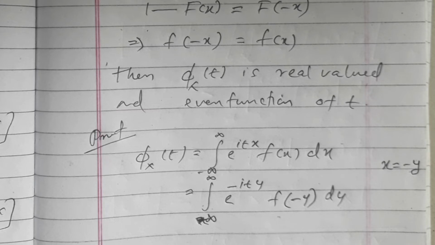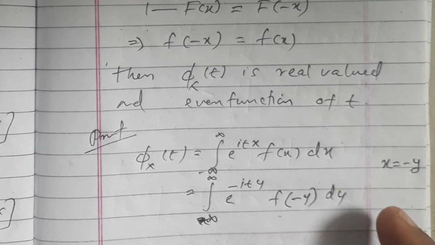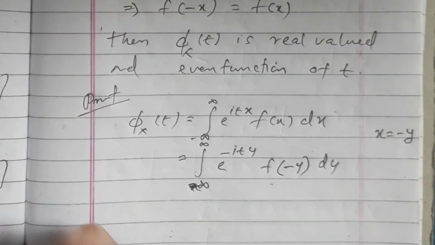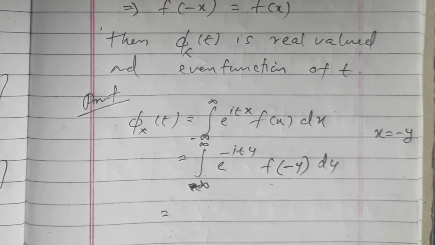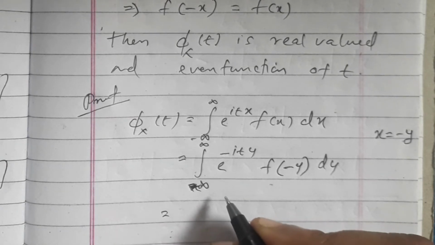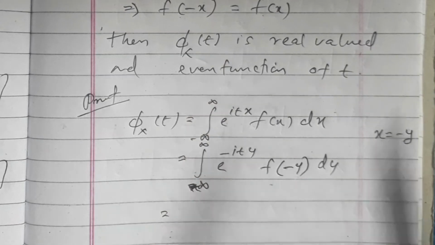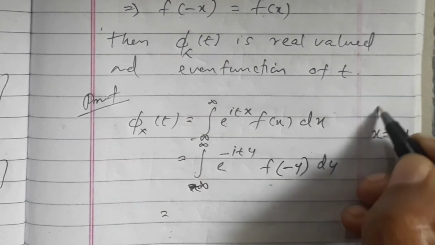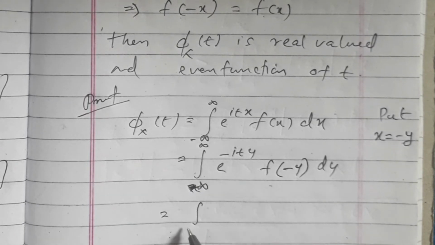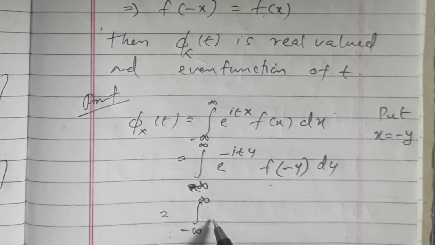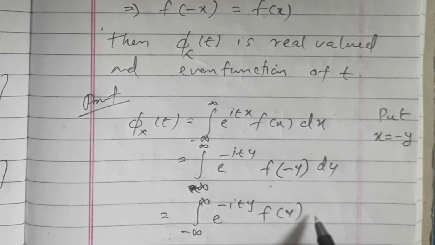Phi x of t is equal to integral minus infinity to infinity e raised to I t y f of minus y dy, which is equal to, but given that f of minus x is equal to f of x, so which is equal to integral minus infinity to infinity e raised to minus I t y f of y dy.